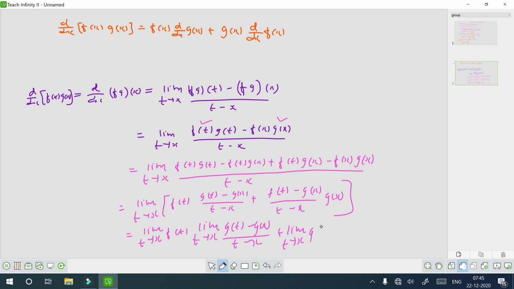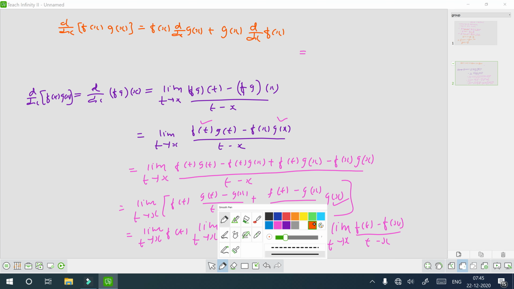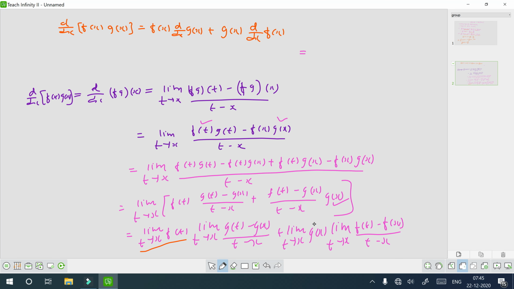Limit t tends to x g of x, give limit to this term first, limit t tends to x f of t minus f of x over t minus x. Yes? So first one, this limit comes out, this limit comes out, f of x.